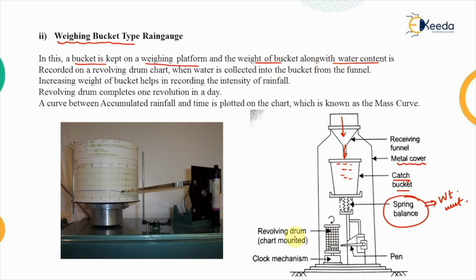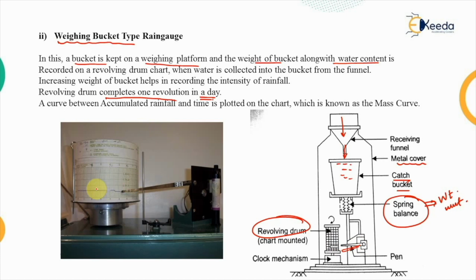The weight of the bucket along with the water content is recorded on a revolving drum. This drum, as you can see, is continuously revolving in such a way that it completes one revolution in a single day. When the water collects, the weight of the bucket increases. Because of that, this spring will be compressed, and this pen will be deflected in the downward direction.